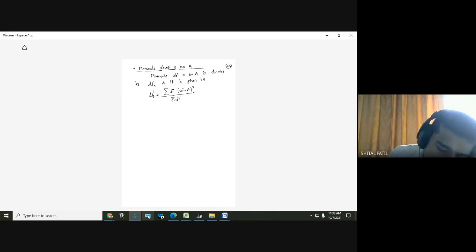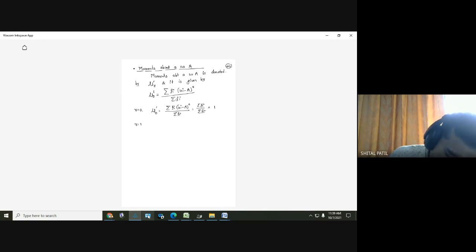Understood? Now let me take different values of r. For r equal to 0, mu naught dash is summation of fi xi minus A raised to 0 divided by summation of fi, so as in the previous case it is equal to 1.